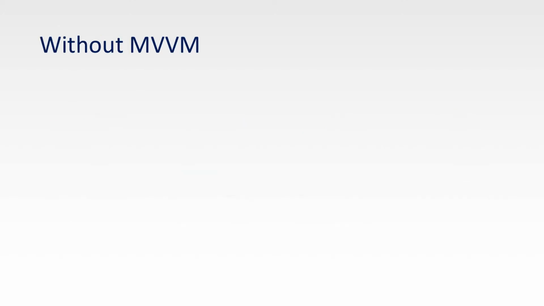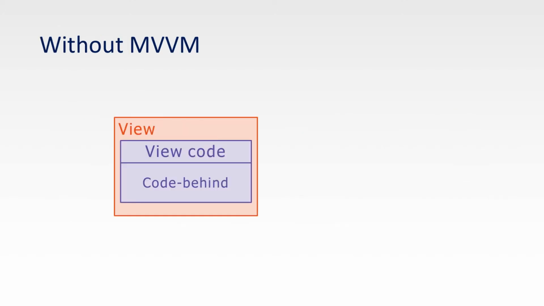So, how did we used to live without MVVM? We used to have the view, which contains the view code and the code behind, which is basically a partial class that lives behind the view code. Usually it's XAML code. The problem is with this code behind, which contains a lot of code that interacts with the model.